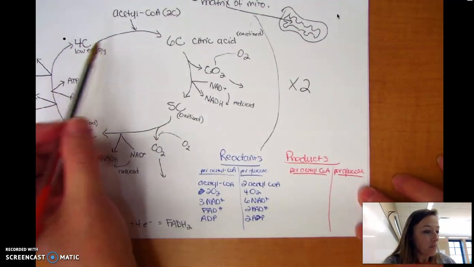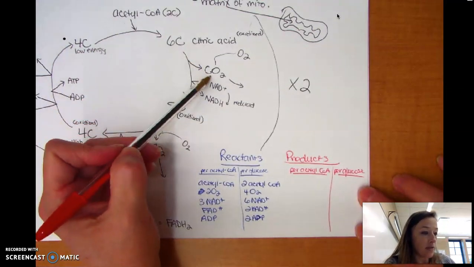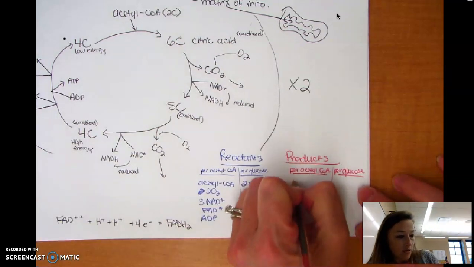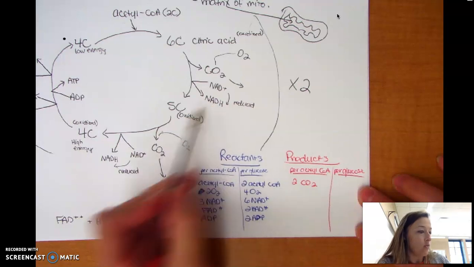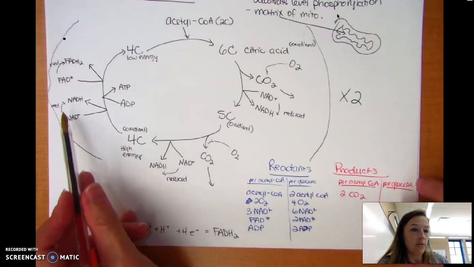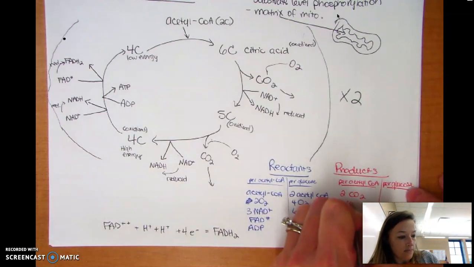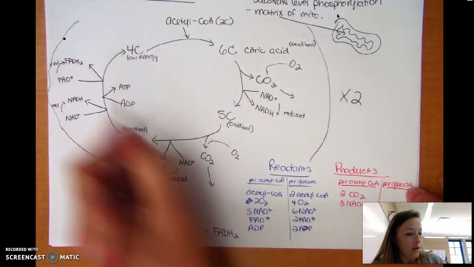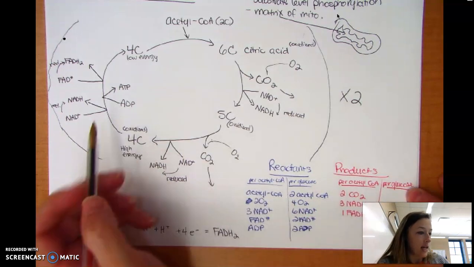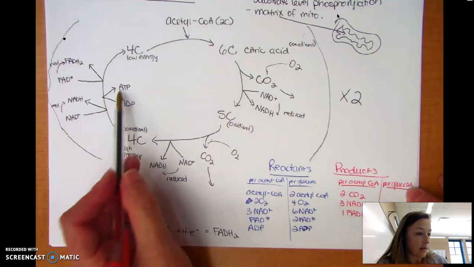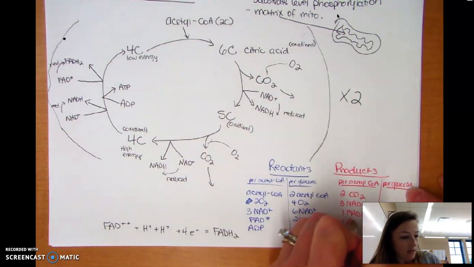So the first thing I'm going to notice that comes off is a CO2, and there are 2 of those. So I have 2 CO2s coming off for every turn of the cycle. I have 1, 2, 3 NADHs, 1 FADH2, and 1 ATP.